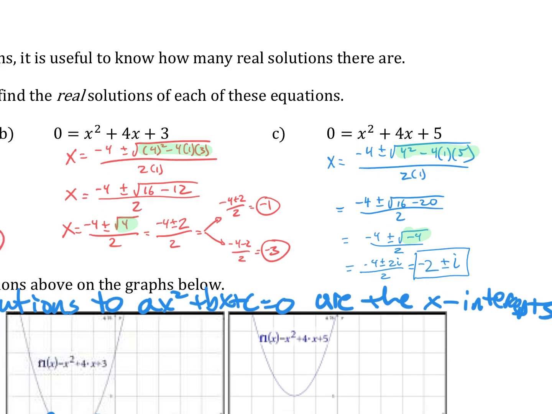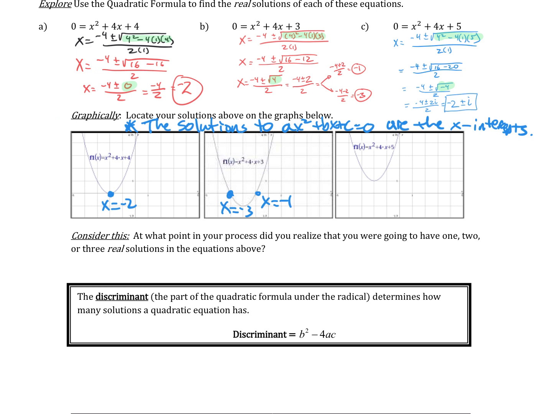All that changed was what was going on inside. So at that point, when we work out the square root, that's when we realize we're going to have 1, 2, or no real solutions. You can't have 3 solutions, but you can have no solutions.